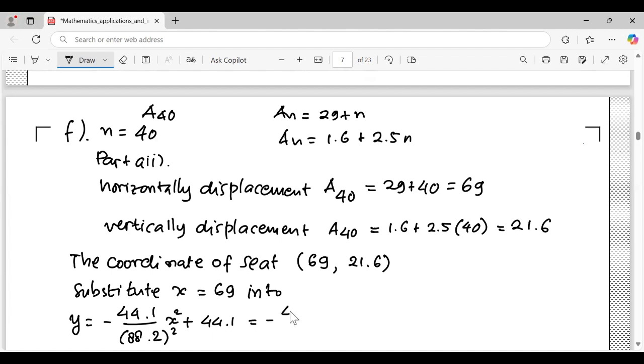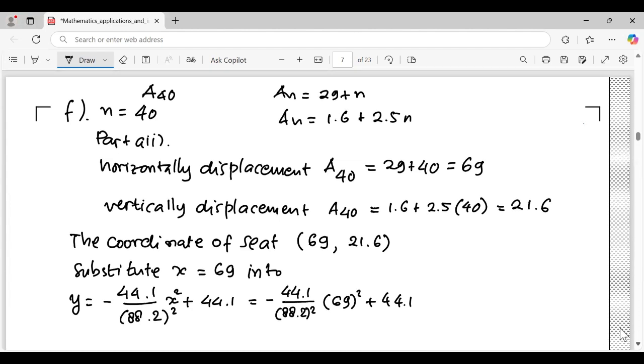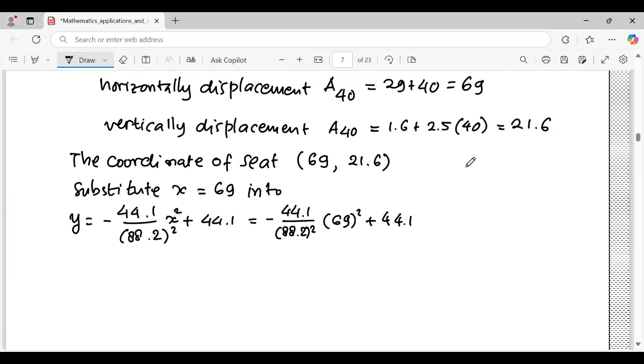It is minus 44.1 over 88.2 squared, x is 69 squared, plus 44.1. And the result is 17.1102. Rounded off, it becomes 17.1.